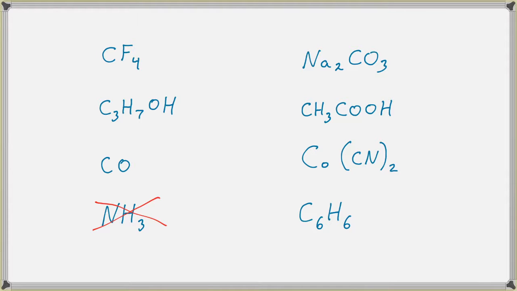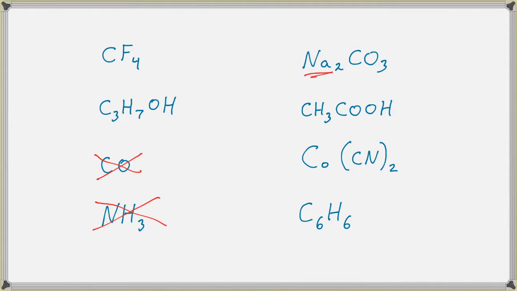Do I have any carbon oxides? In this case, I do. I have carbon monoxide, and I know that carbon oxides are not organic molecules, but that's the only one. Next, we start looking for ionic molecules. This can be a little bit tricky, although once you get the hang of it, it's not too bad. The most obvious way, I'd say, to look for these is to look for metals.